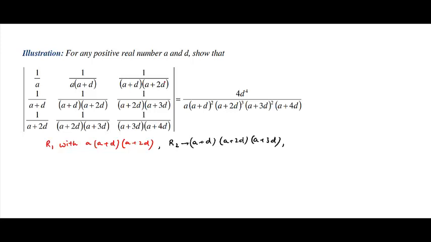And then we multiply the third row R3 with a plus 2d into a plus 3d into a plus 4d. This is what we do.